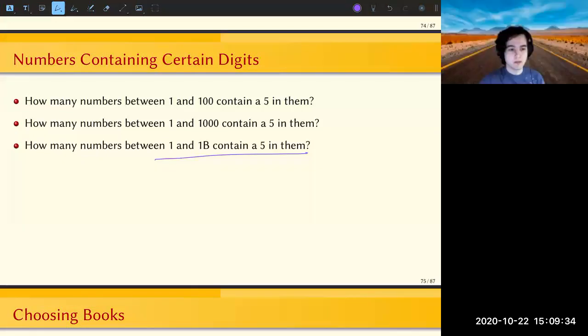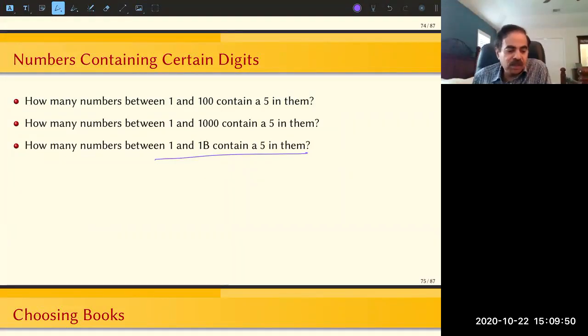Greg? You could consider using the results from the previous iteration, like to find the number of numbers between 1 and 1,000, you could use your result from 1 and 100 and then modify it, like a linear transformation. But if you want to do this for 1 and 1 billion, how do you do that quickly, right?